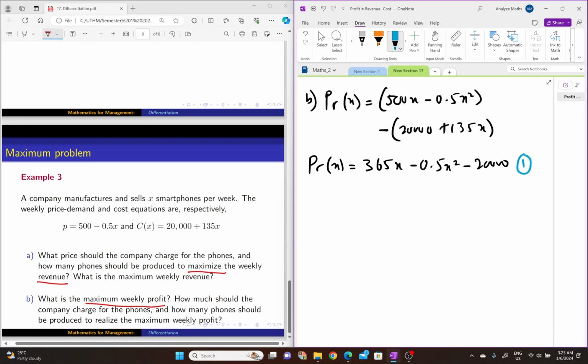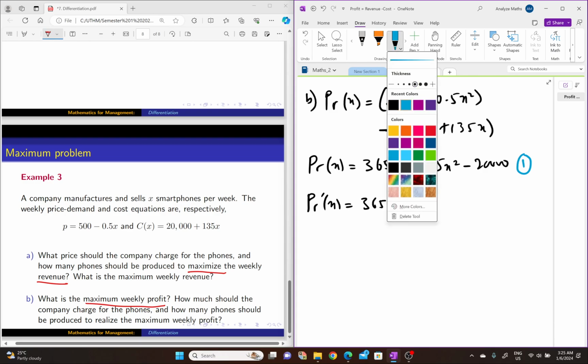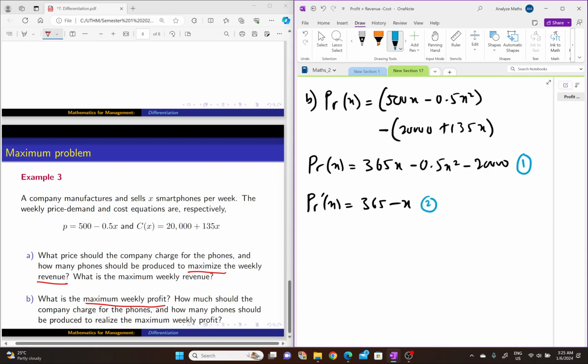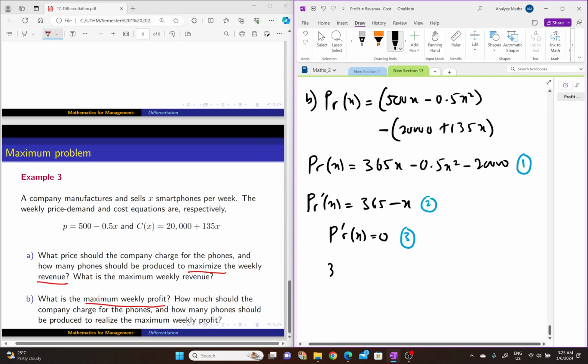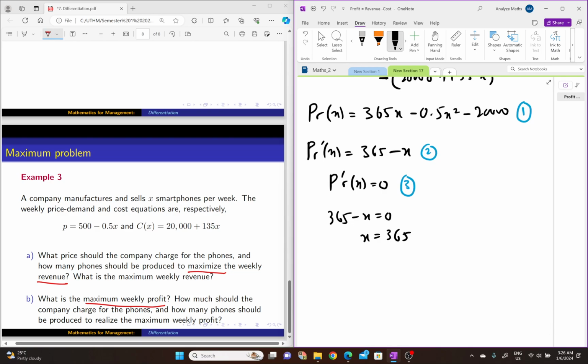First step. Second step is you differentiate. Third step is equate with 0. You find the quantity already. Okay, this is the fourth step.